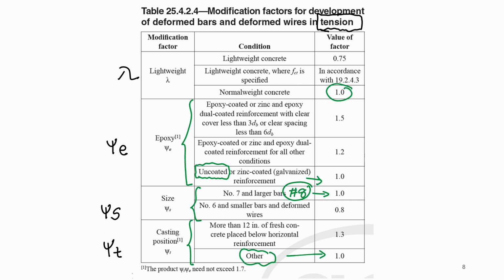The other case is 0.8. For casting position, if we have, for instance, more than 12 inches of fresh concrete placed below horizontal reinforcement, we are using 1.3. And in all other cases, you are using 1. So you will see what is given in your problem and how to determine all these modification factors.